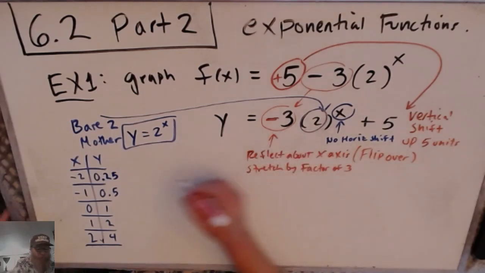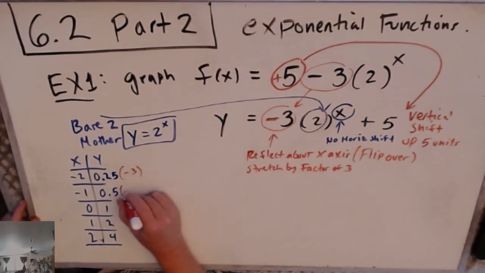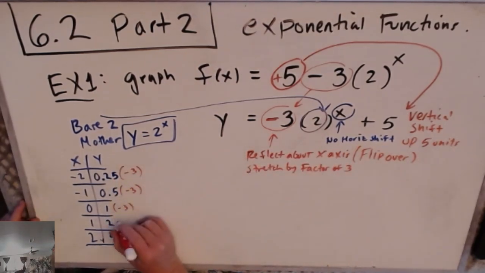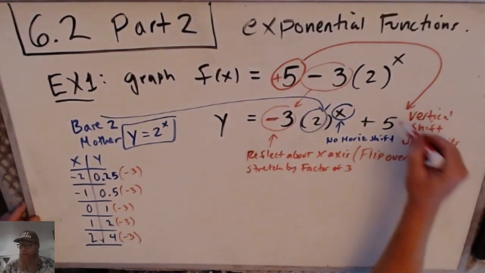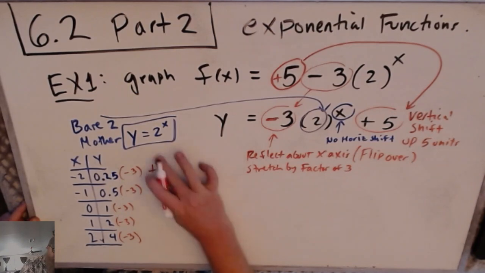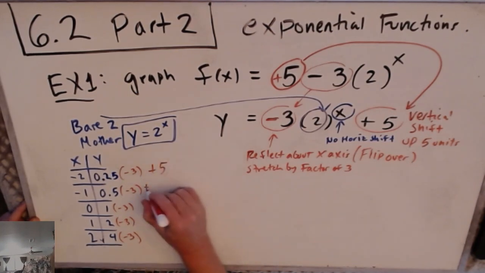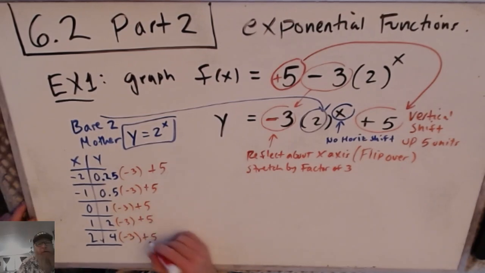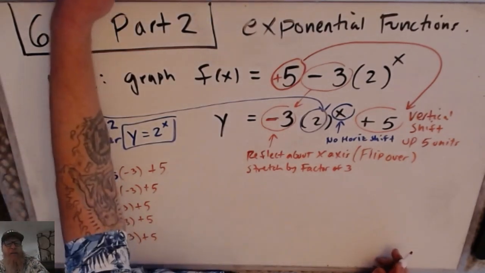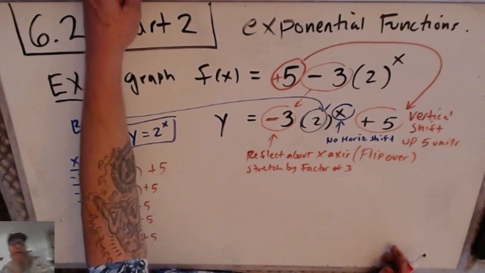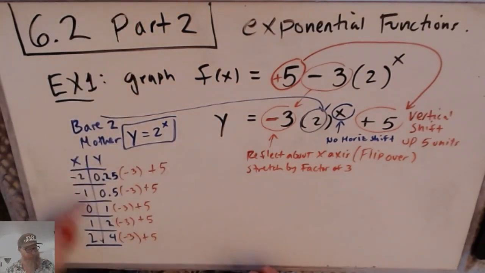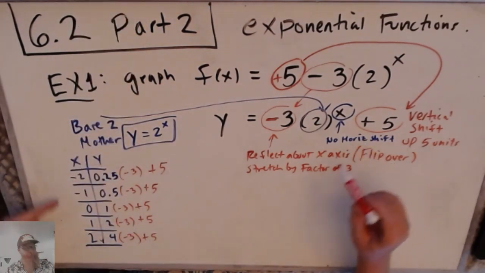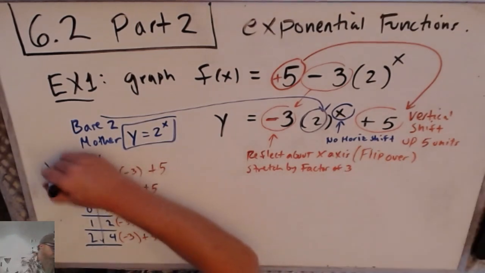So we're going to multiply all of our y values by negative 3, and then we're going to add 5 to all of the y values. And we're going to do nothing to the x's. The x's are going to remain exactly the same. No horizontal shift.